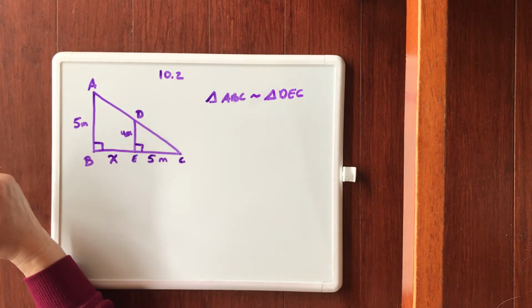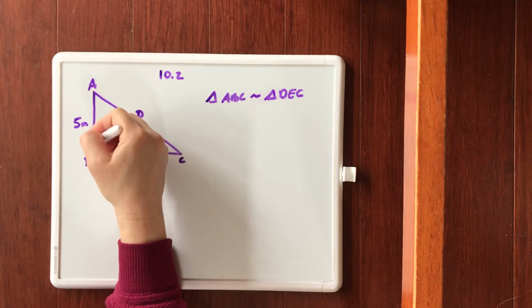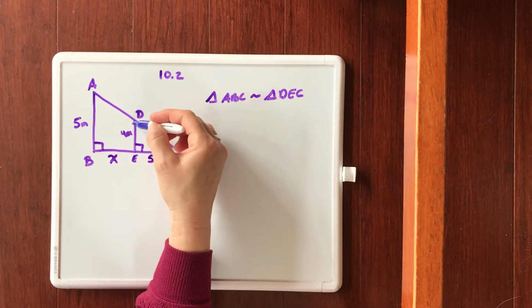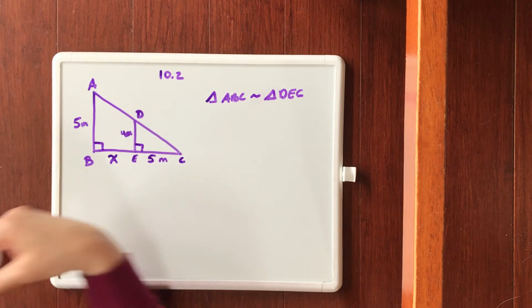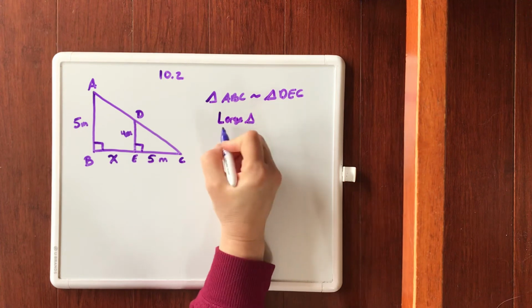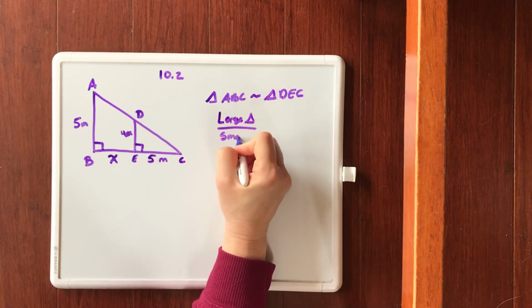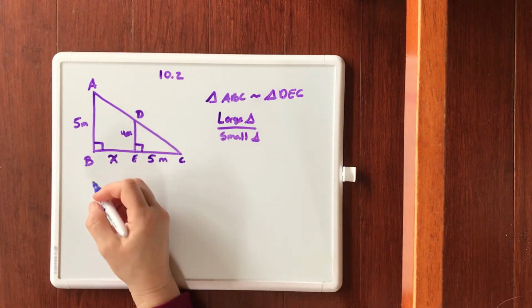Okay, so what do we know? We know 5 and 4, those are corresponding sides, right? So we'll look at the large triangle to the small triangle again. If it's hard to discern, we can split this up.